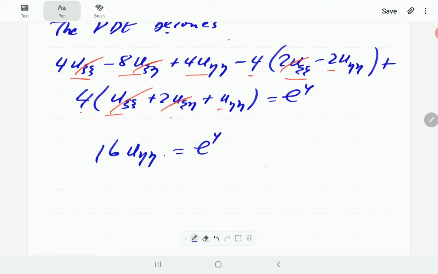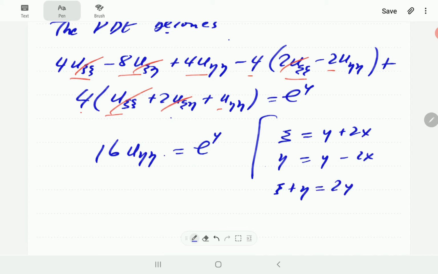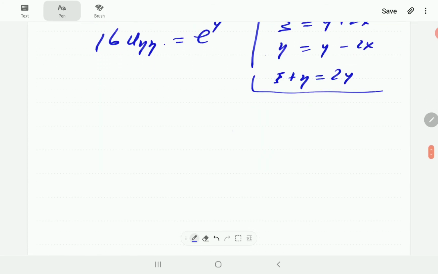Now we need to express everything in terms of the canonical variables here. So we have got xi equals y plus 2x, eta equals y minus 2x. Can we eliminate x here? Yes, we can. Xi plus eta is 2y, so that means y is xi plus eta over 2.